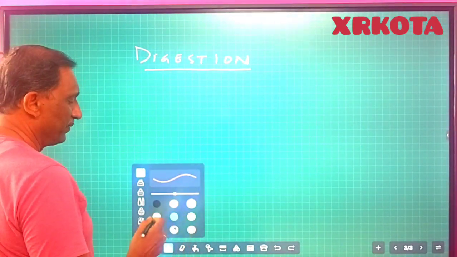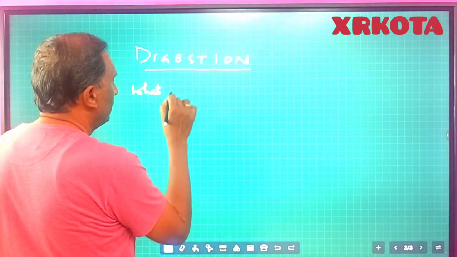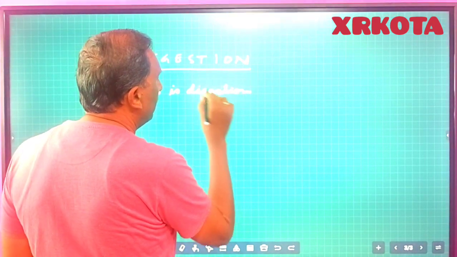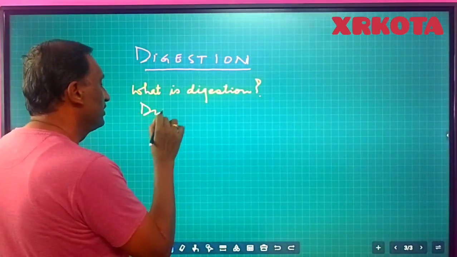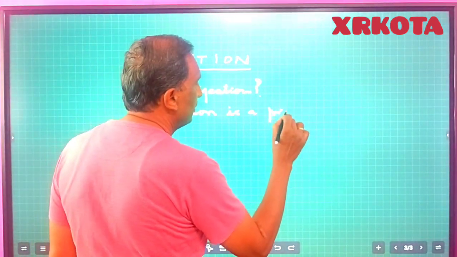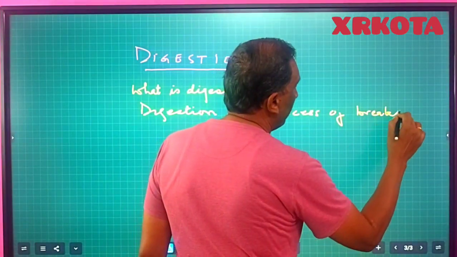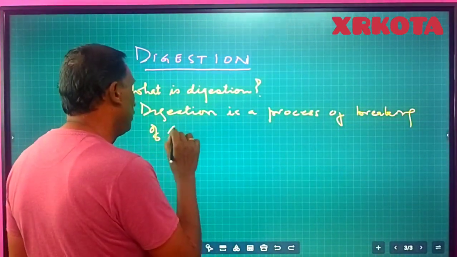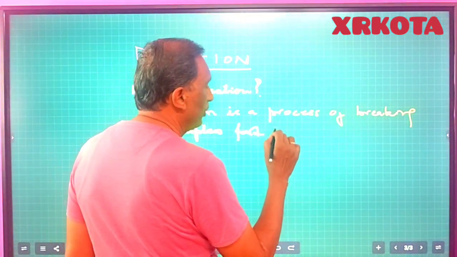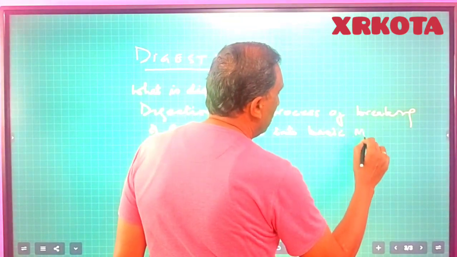Digestion is simply, what is digestion? So digestion is the process of breaking of complex food into basic molecules.